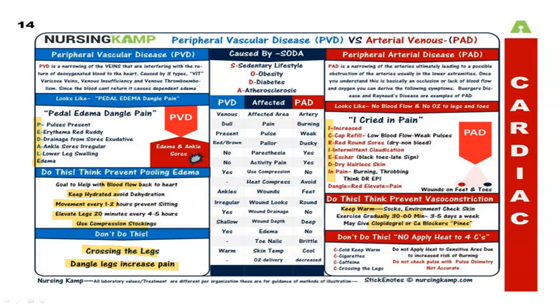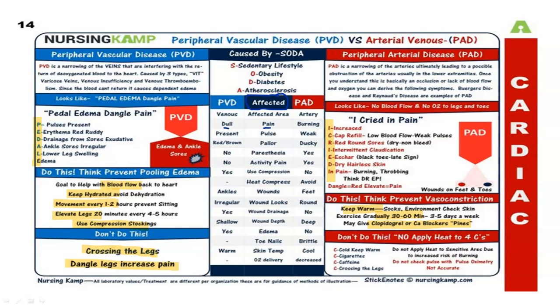making sure that when you are answering questions about PVD versus PAD, you're looking specifically at what the question is asking you. And I like the middle section here, right? Because it talks about, is this true or is this false? And we know that. So with PVD versus PAD, do you expect pain?